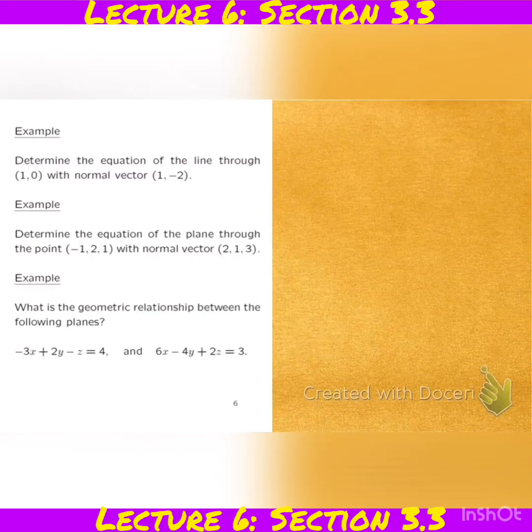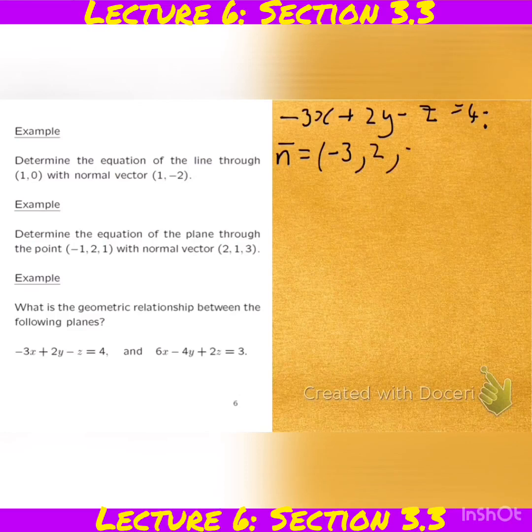Okay, so the last question asks: what is the geometric relationship between those two planes? Let's look at the first plane, which is given as minus 3x plus 2y minus z is equal to 4. If we analyze this plane, the normal vector to this plane is given by the vector minus 3, 2, minus 1.